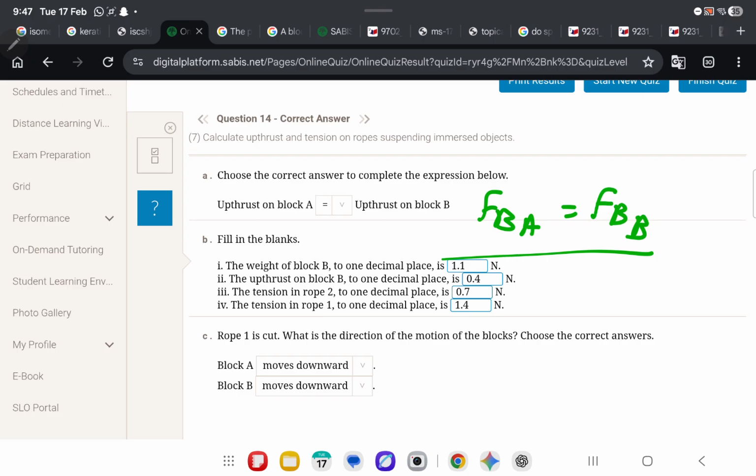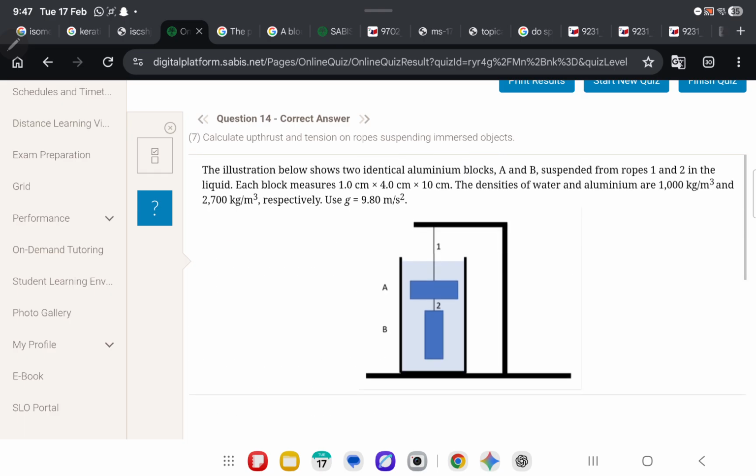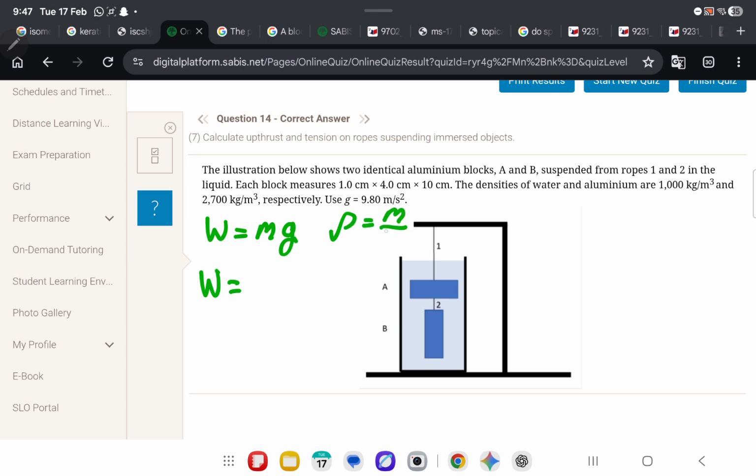Now, part B, the weight of block B to one decimal place. Okay, block B, right? Well, we know that weight is mass times the gravitational acceleration. Now, we know that mass is what? Rho is equal to mass over volume. So, does that mean M is rho V, right? M is rho V, because you multiply by V on both sides to cancel, so you get M alone. So you say rho VG.